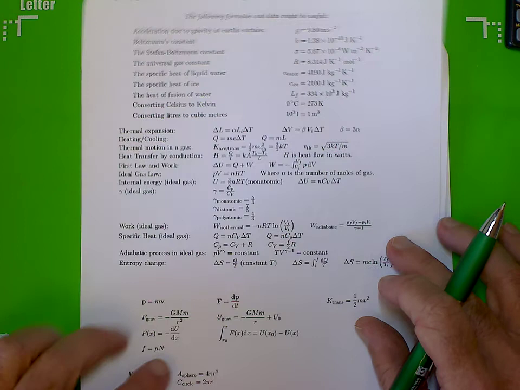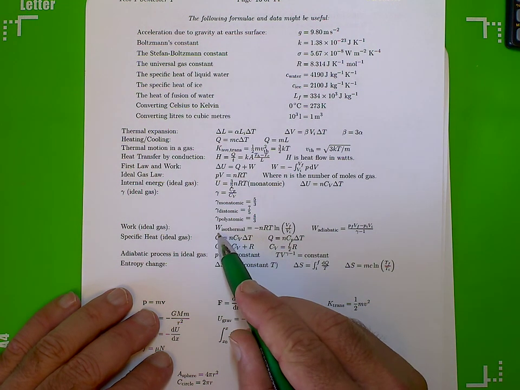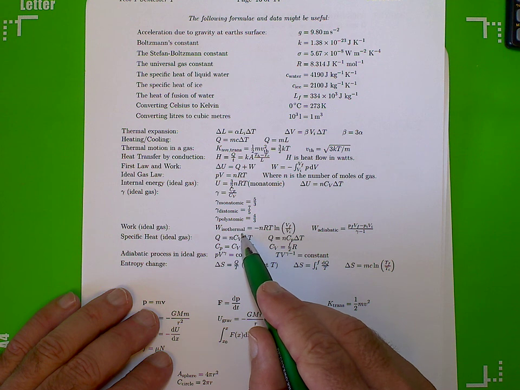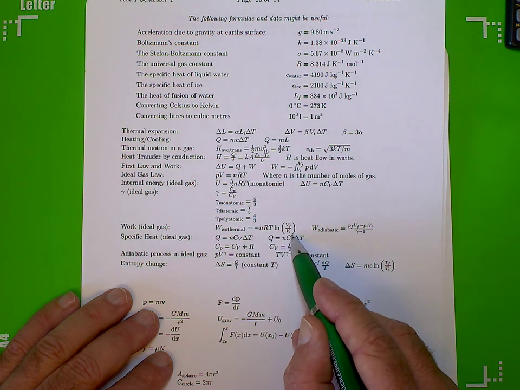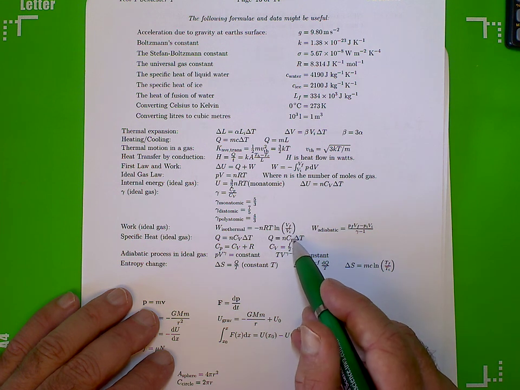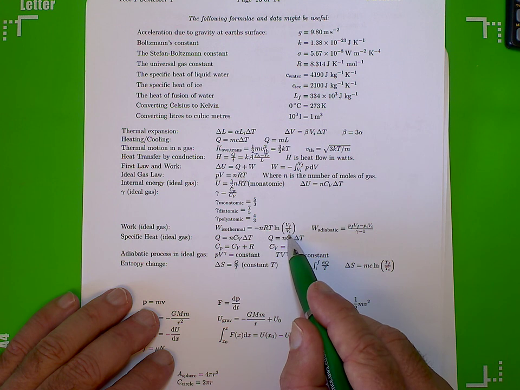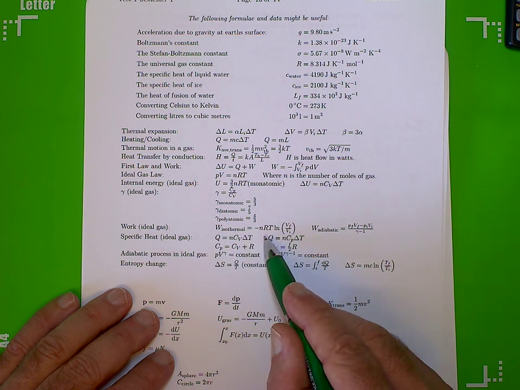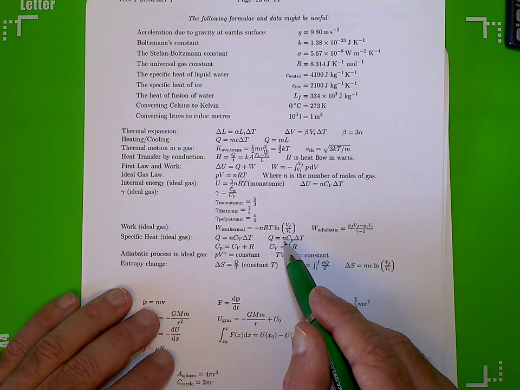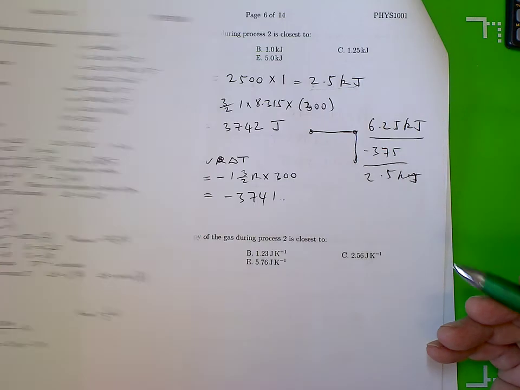Now, I go to my formulas because, oh look, here's the amount of work that I do if I follow an isothermal path, right? Why is that useful? It's useful for one particular thing, in that because the internal energy change isn't changing, any work that I do, the heat added is going to match it, because the internal energy is not changing, so the work the gas has done. So this looks pretty good to me.